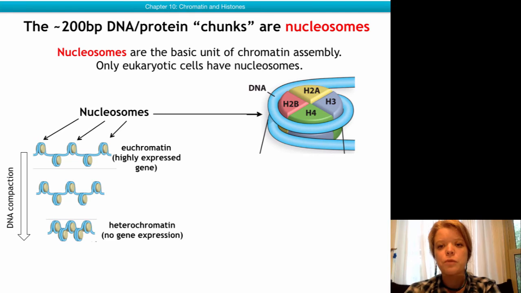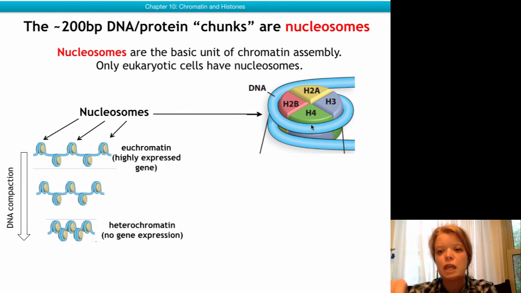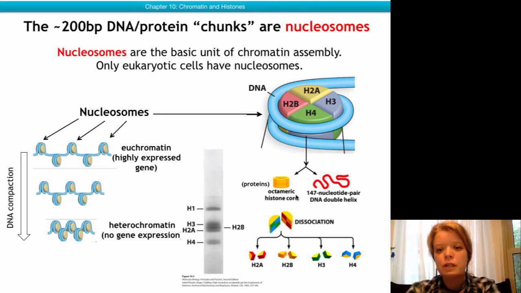So what are nucleosomes? They are a DNA molecule plus 8 proteins. There are 4 kinds of proteins inside the nucleosomes, and they double up, creating an 8 protein structure. This octameric histone core is proteins, and then 147 base pairs is the DNA that has been spooled onto this little spool.